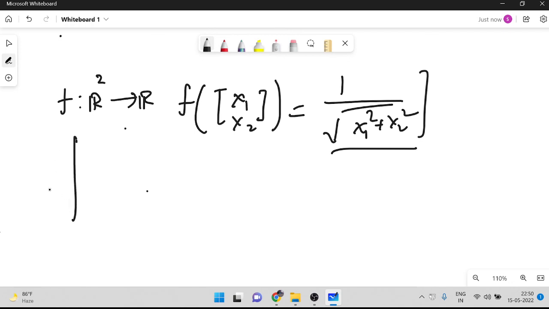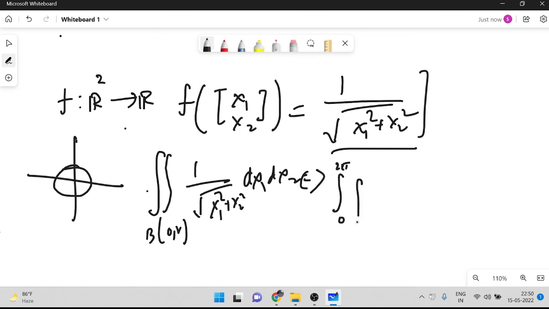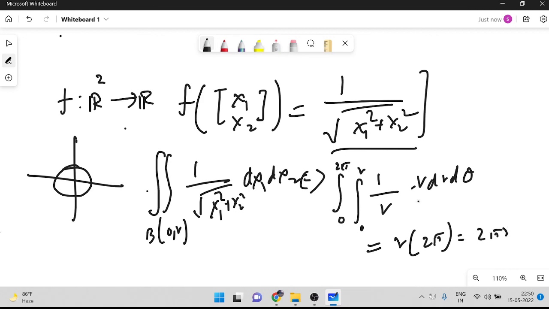For that, we take a small ball in R^2 and integrate this function over it. The integral over B(0, r) of 1 by root of (x1 squared plus x2 squared) dx1 dx2, with a polar coordinate change, is the integral from 0 to 2π, 0 to r of (1 by r) into r dr dθ, which is 2πr.